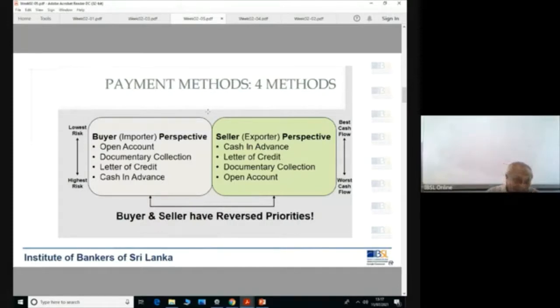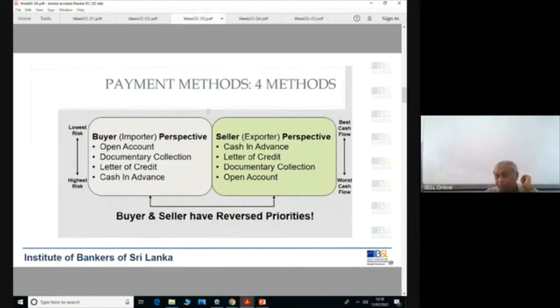Now, from the seller's or the exporter's viewpoint, the best cash flow they can get is from cash in advance. They will ship the goods once they receive the money, so they will be very happy.